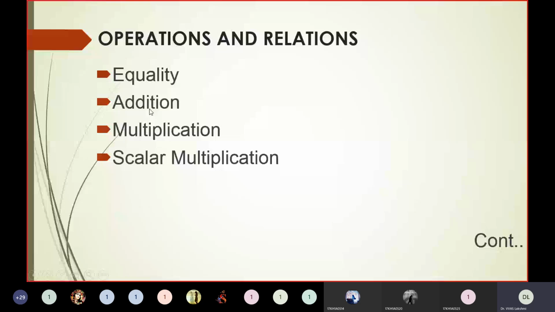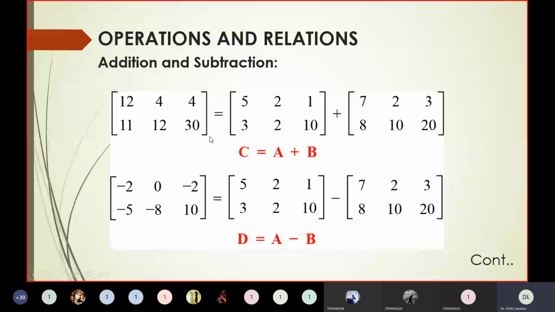And then addition and subtraction. So here are the two matrices. When we add the first element in the first matrix with the first element in the second matrix, we get the first element of the resultant matrix. So this is the addition operation. For this there are no rules and regulations.